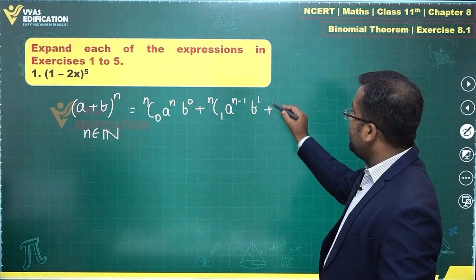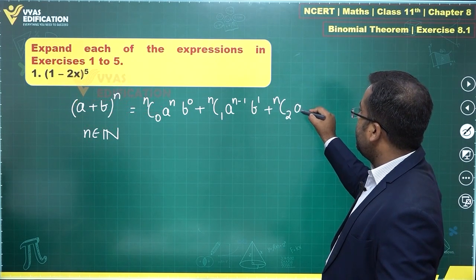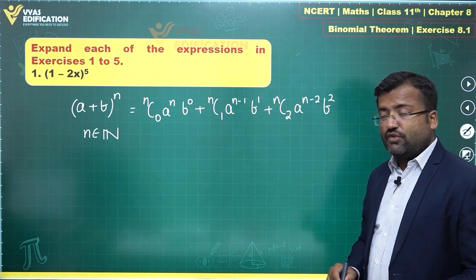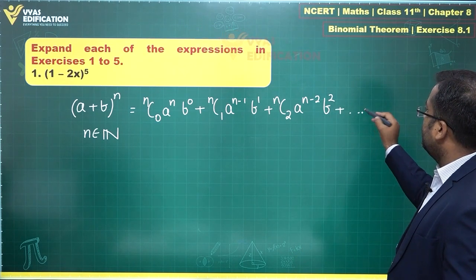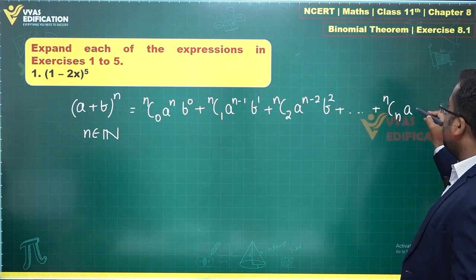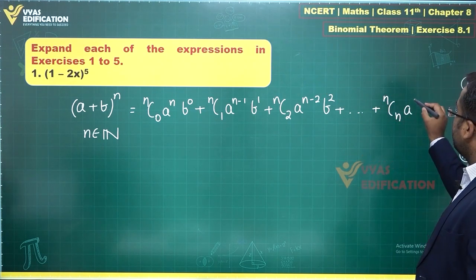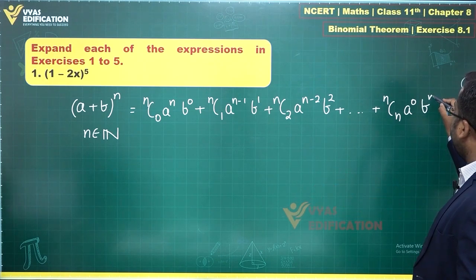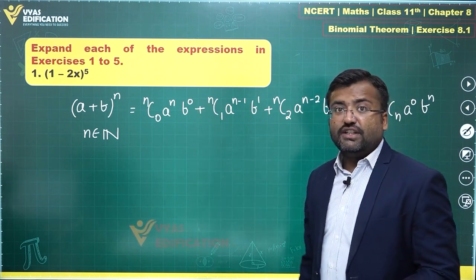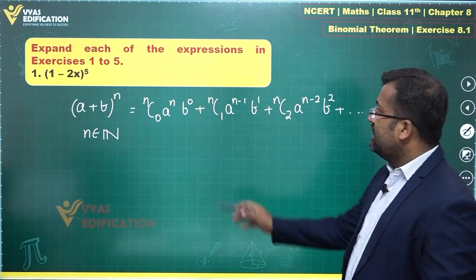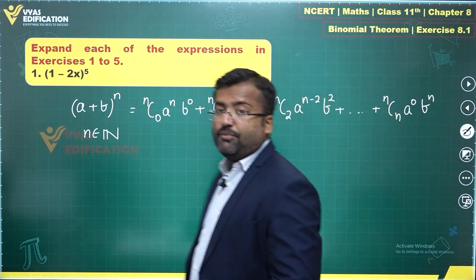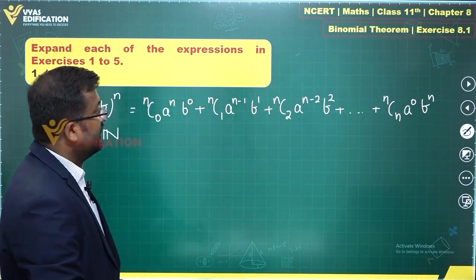The next term will be nC2 a power n minus 2, b power 2, plus dot dot dot, and the last term is nCn a power n minus n, which is a power 0, and b power n. The sum of indices of a and b in all these terms is n, and the number of terms is n plus 1. This is the binomial theorem for positive integral index.